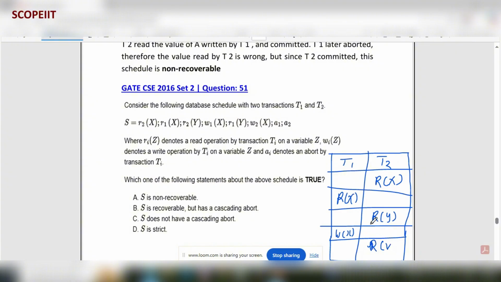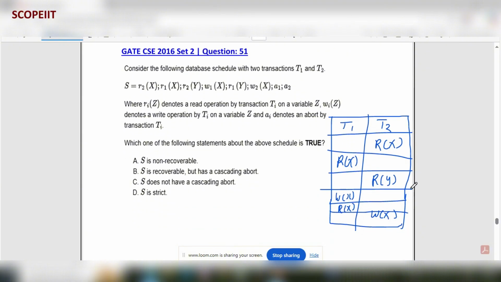The read operation is also in transaction T1 only. And after that, the write operation is there in transaction T2.